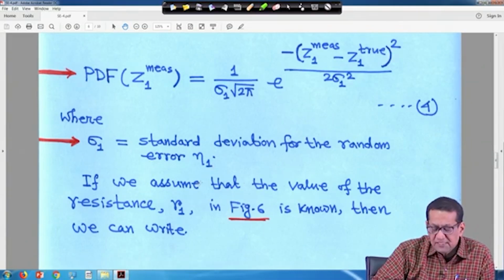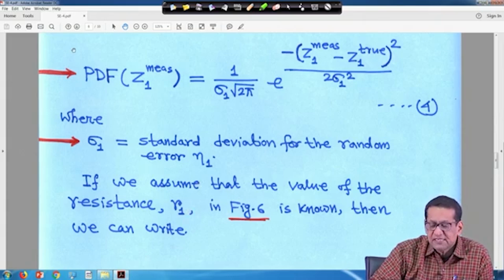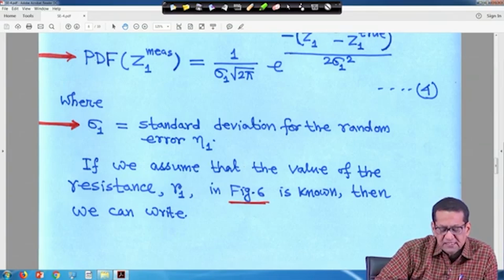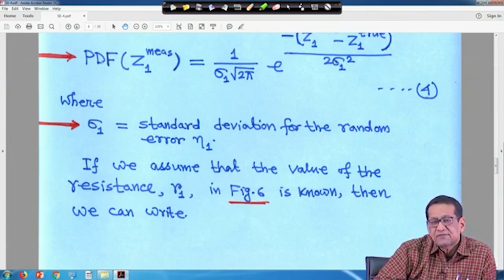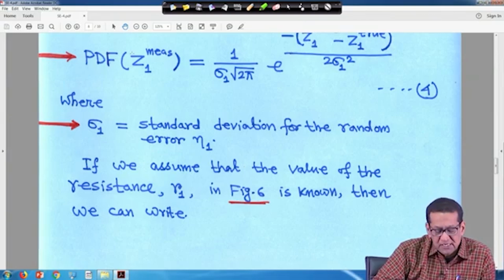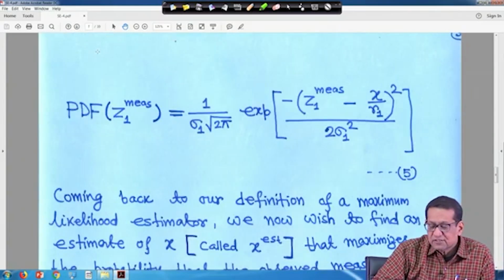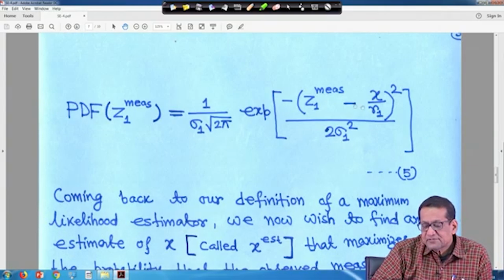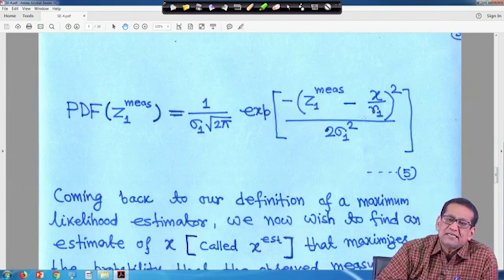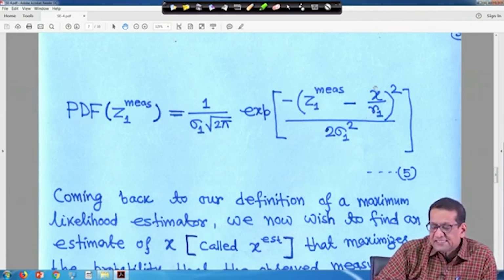If we assume that the resistance R1 of the DC circuit in figure 6 is known, then we can write that Z true is equal to X upon R, because Z is the ammeter reading, say in ampere, and X is the volt.